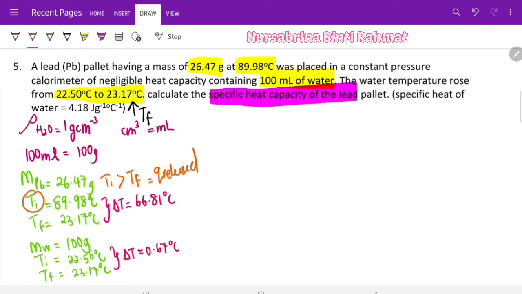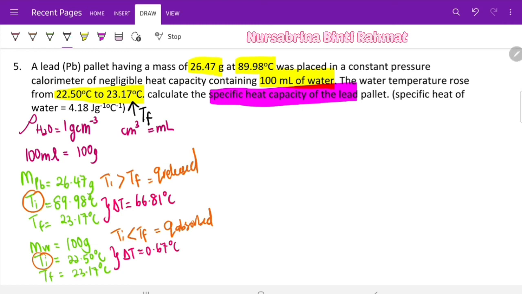Whereas my water's initial temperature is lower than its final temperature, which means heat is being absorbed. That's how we determine which one undergoes heat release and which heat absorption.